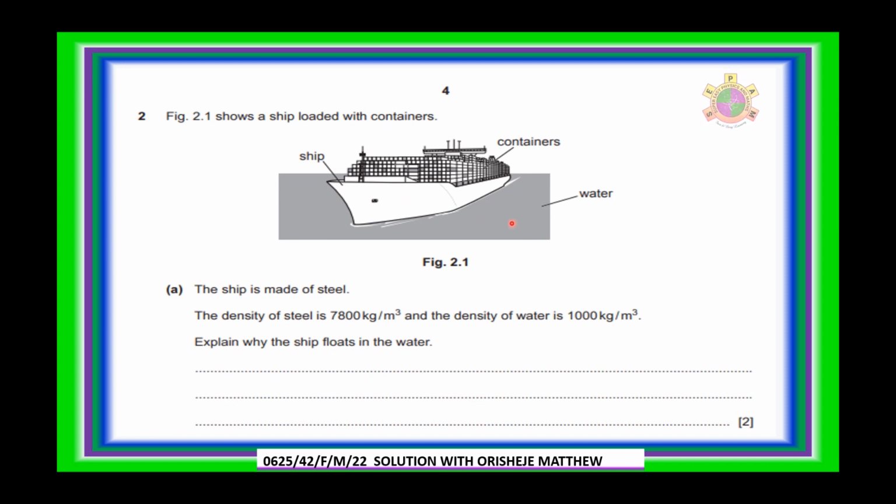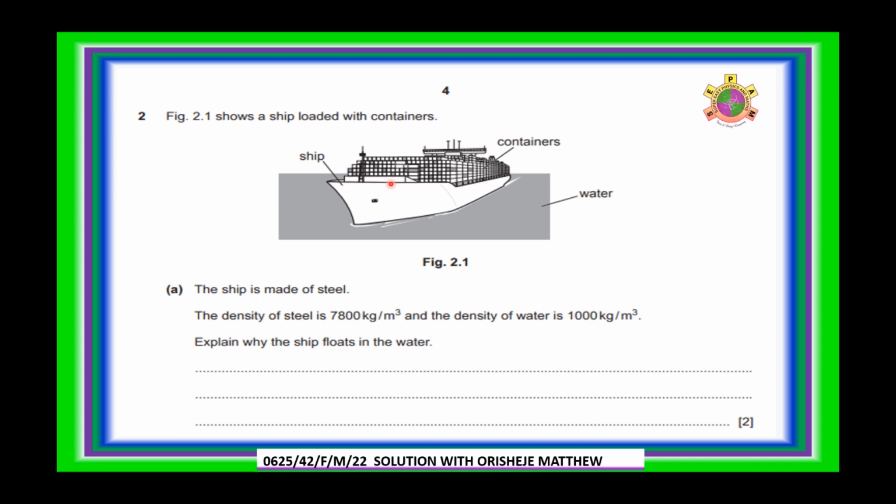So why is it that a ship which is made up of steel can float on water? It is because this steel is not total steel. If it were to be a total steel, if I drop a rod on water, there is no way the rod can float. But a ship is floating because the middle of the ship is occupied by air.